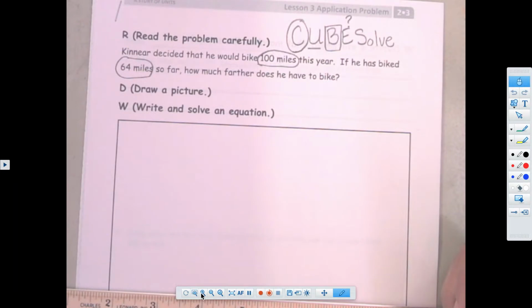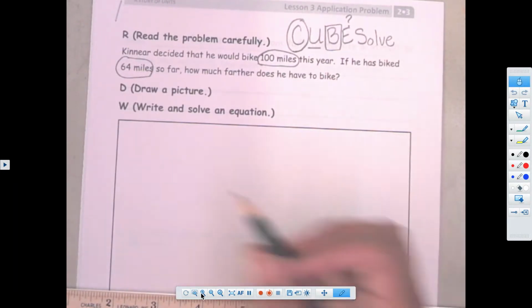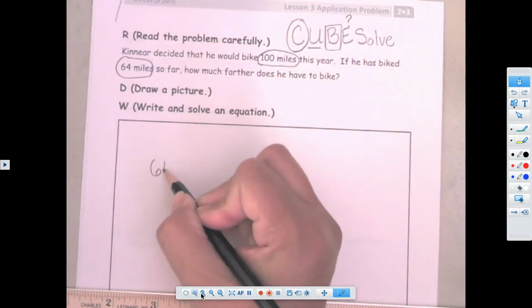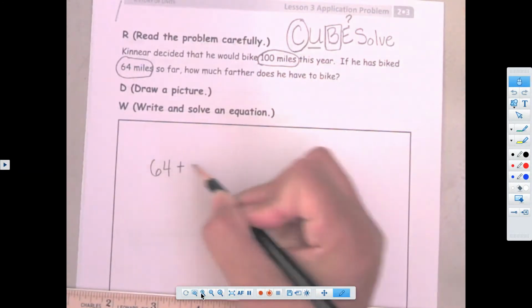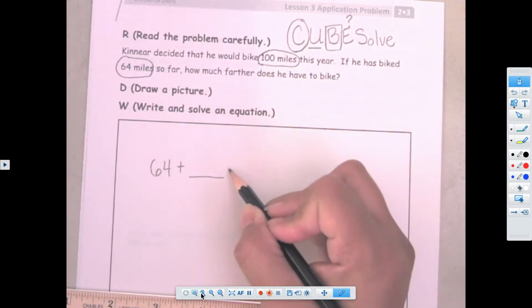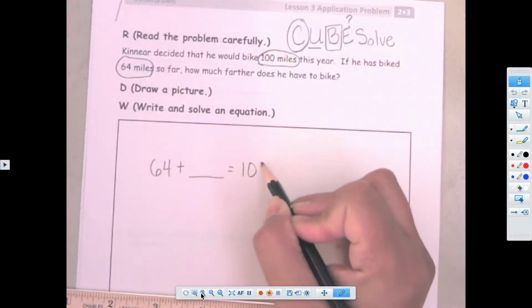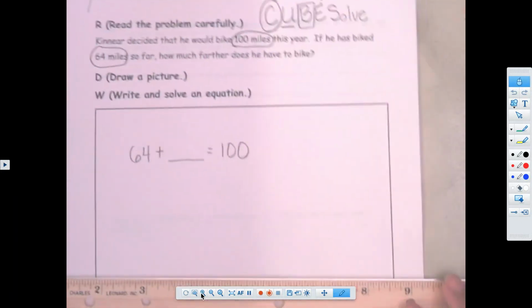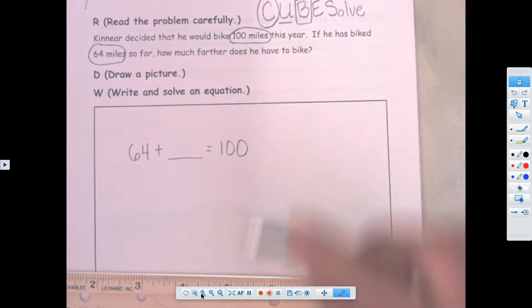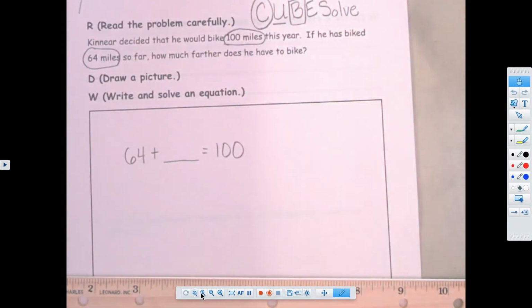Wow. Okay, so he wants a total of 100. So we know that he's done 64 plus a certain number, and then we want to do a total of 100. Go ahead and write that down. This is the total miles he wants to do.